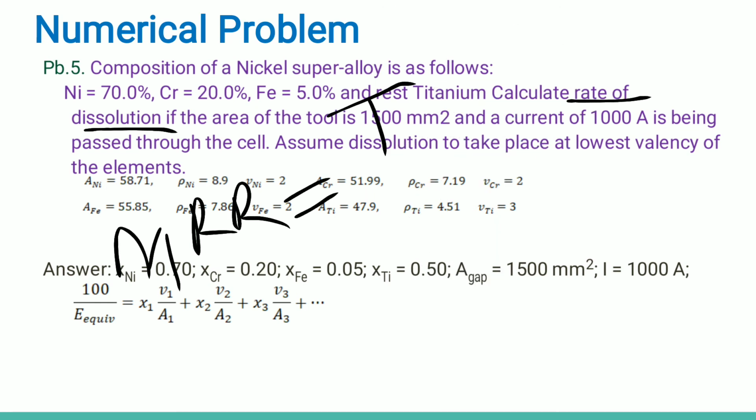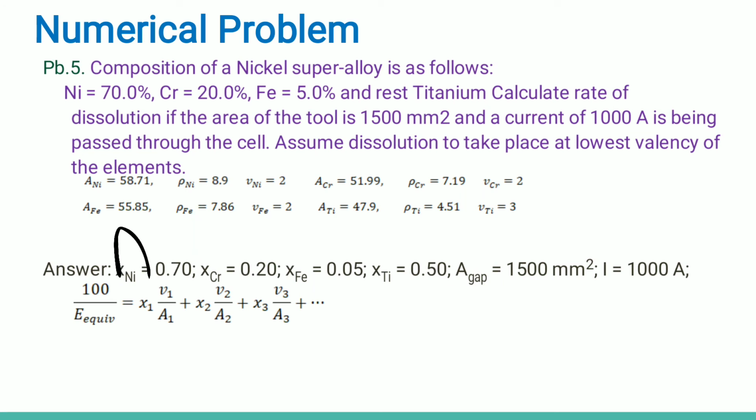So first we are calculating this E equivalent. The formula for that is 100 by E equivalent equals the sum for the first composition, second composition, third composition, and so on. But here we are taking four compositions, so we have to write it accordingly.